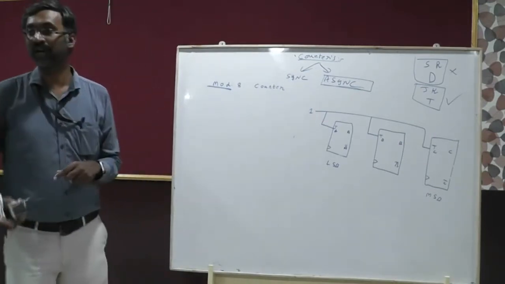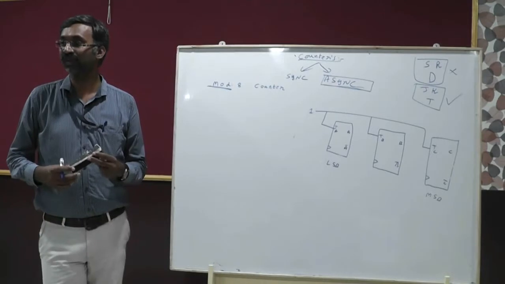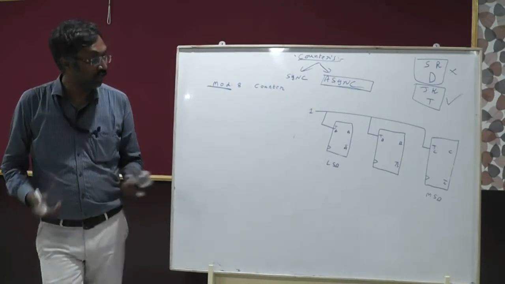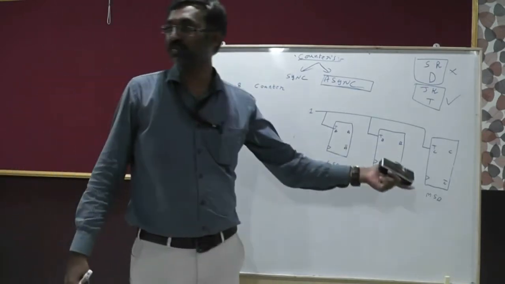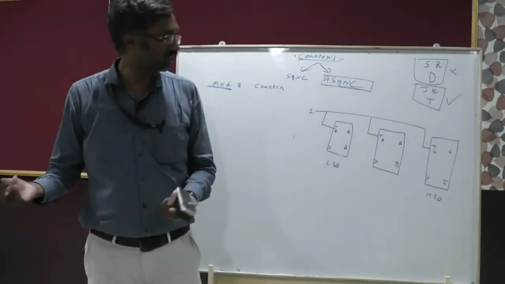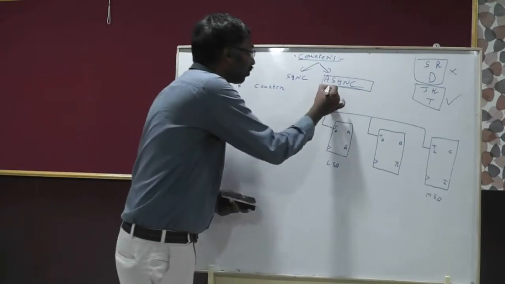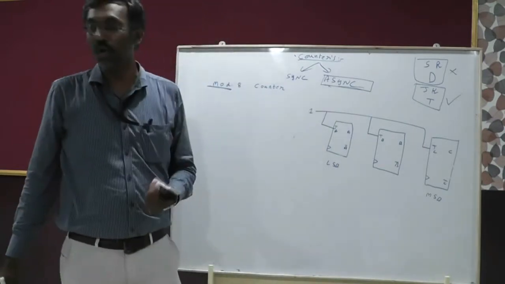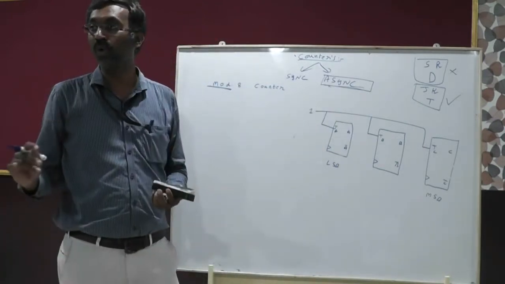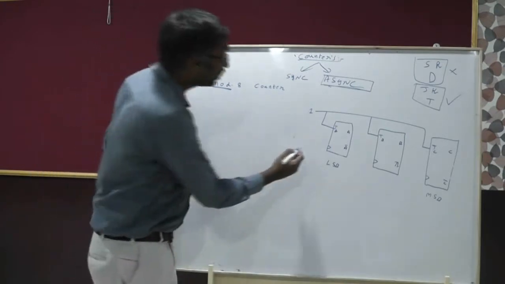Next one, clock signal. How should this clock signal be? There are two kinds of clock signals, positive edge and negative edge. Here for asynchronous, we have to use only a negative edge trigger.